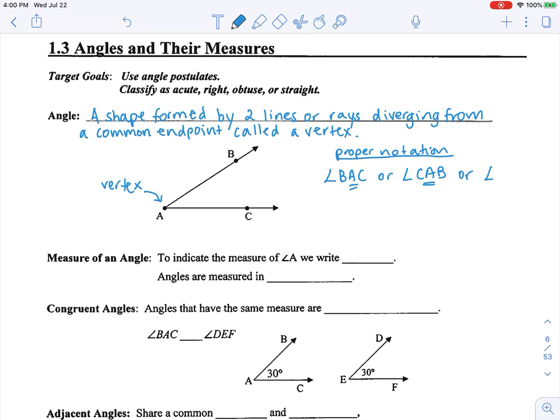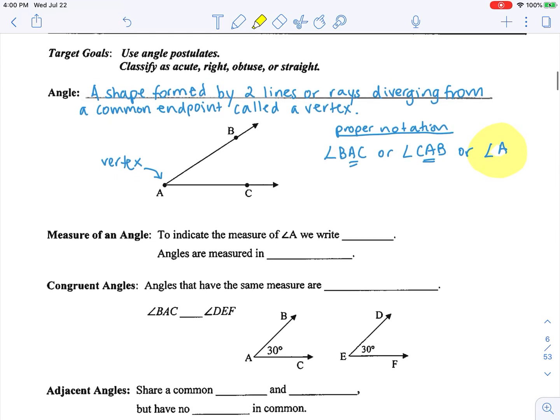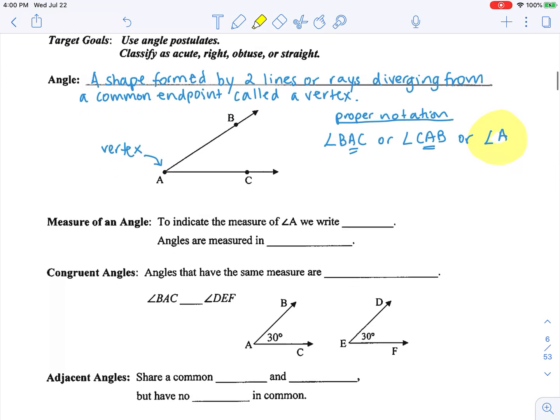And a third way to name it would be just angle A. Now with the third way of naming it, we want to be careful that there's only one angle in the diagram with A as the vertex, like we see here. So it's fine for us to use the vertex so long as that's the only angle in the diagram and it's clear that there's one angle being referred to as A.